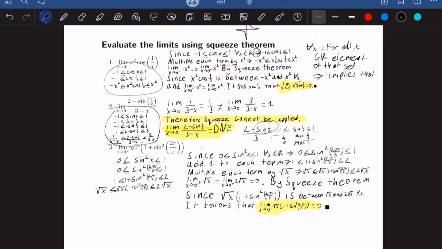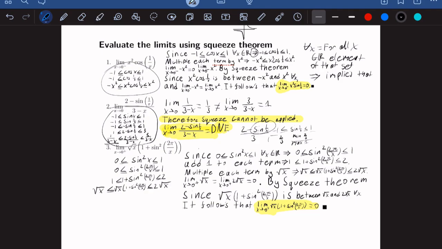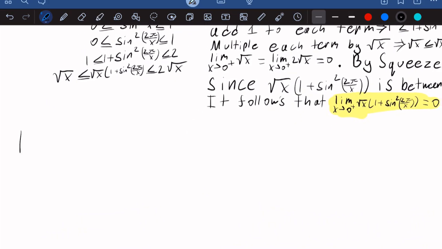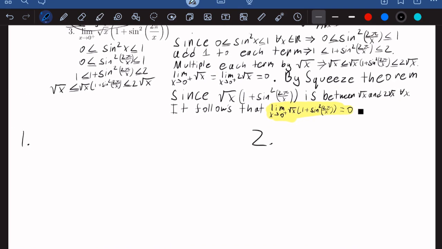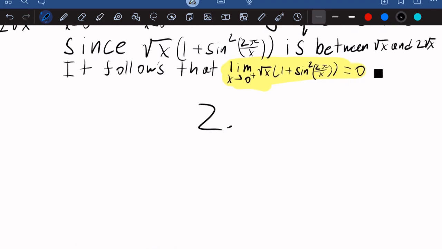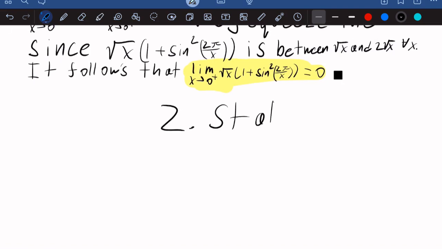So now just to do a little breakdown of squeeze theorem, there's two steps. There's your conditions, and then state your conditions.